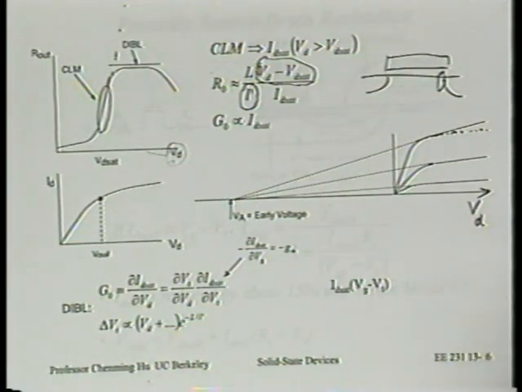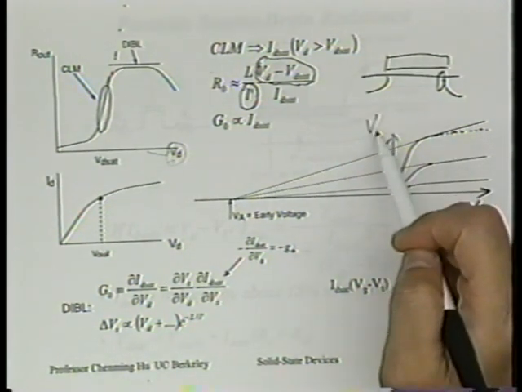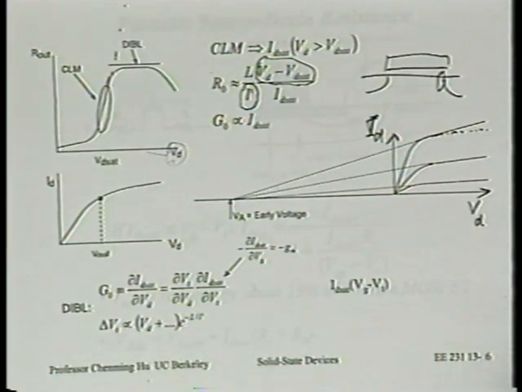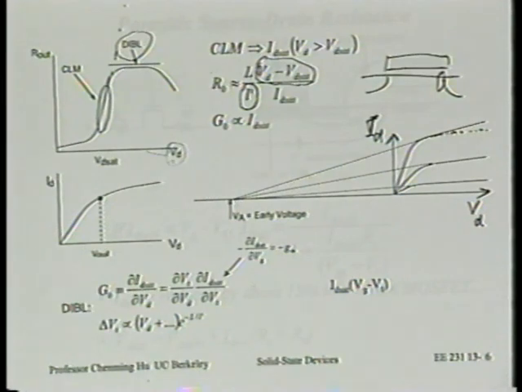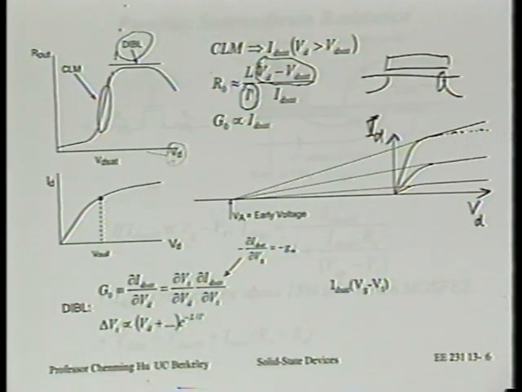And as a result of that changing parameter, ID increases. I have a hint. The hint is I wrote DIBL here. With this hint, can you think, how can you explain why ID increases as VD increases? It's not Chenming's modulation. The channel is fixed in length. What could be happening?